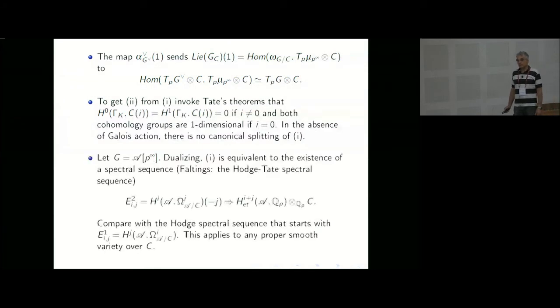And one other remark is that in Faltings' approach and in the more recent approach of Scholze, one gets even a new proof of this that works even in the rigid analytic setup, not only in the algebraic setup.